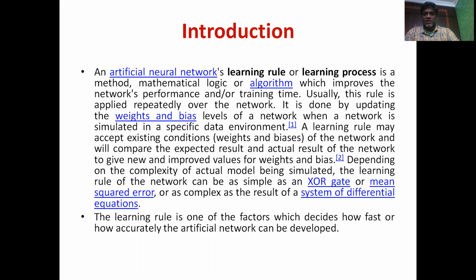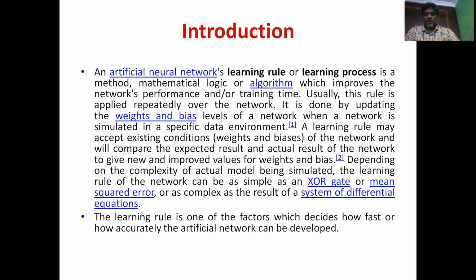That means when you are training the artificial neural network, you require an algorithm or an approach to decide how to train the neural network in such a way that in future, whenever we submit an input to the neural network, it will identify a correct output. Okay, so for that purpose, we require a training algorithm, and that is where these learning rules are useful.